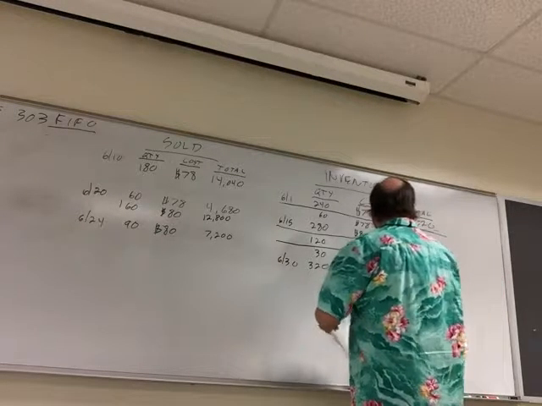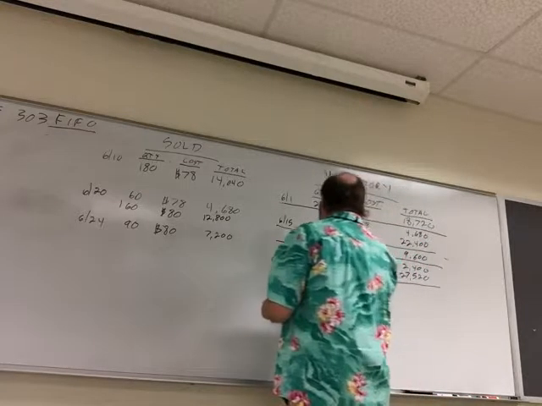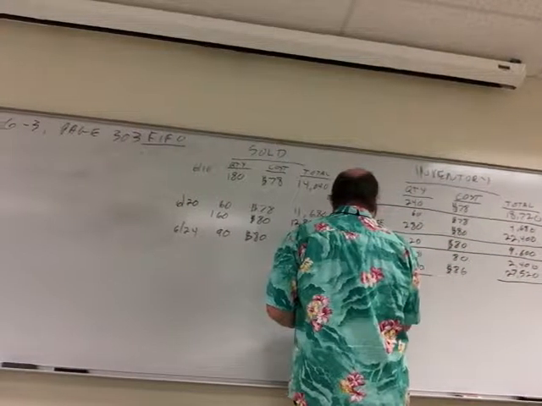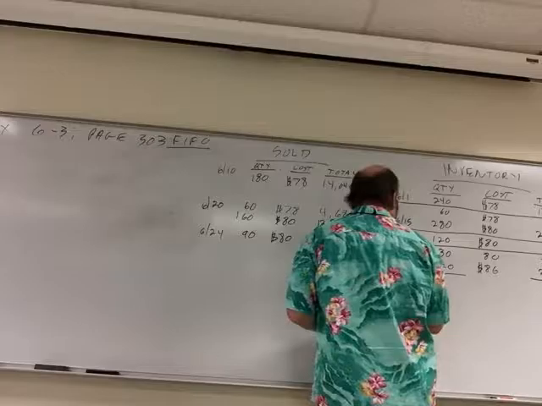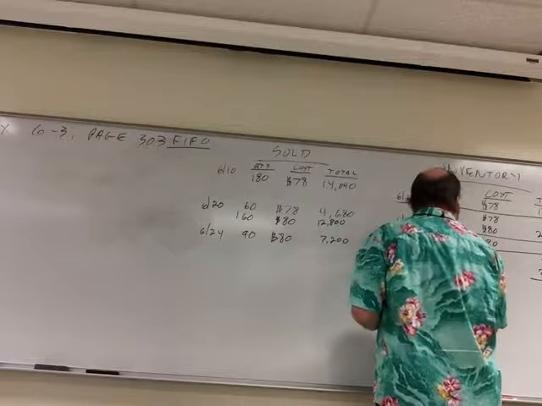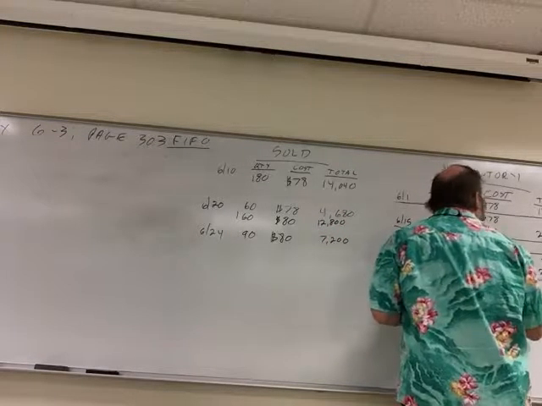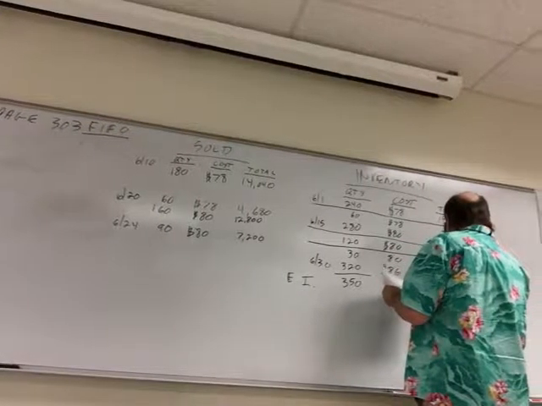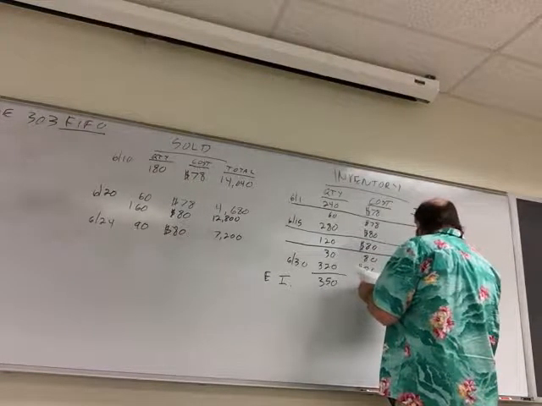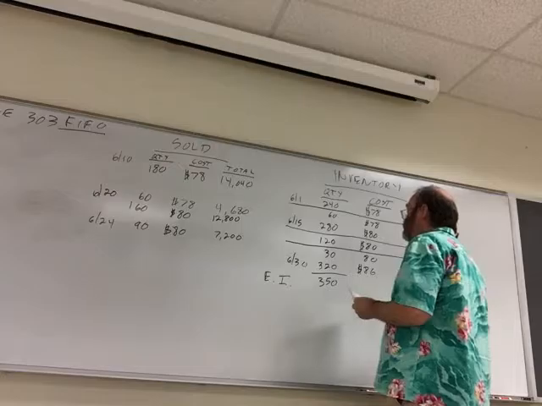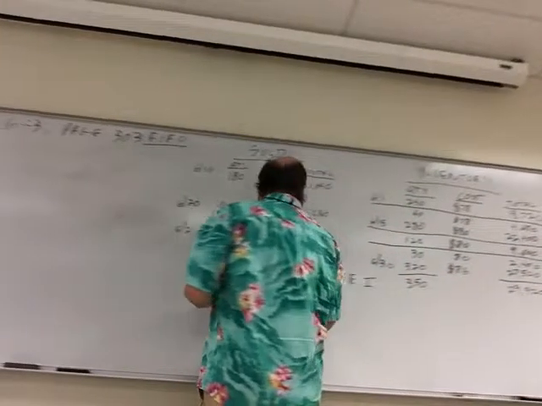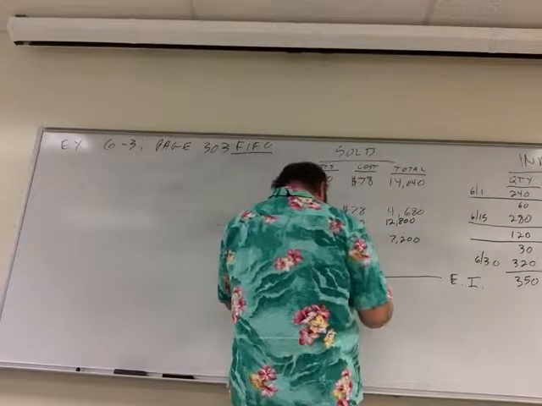And the month ends. So what do we have left at the end of the month in ending inventory? We have 350 units at a total cost of $29,920.